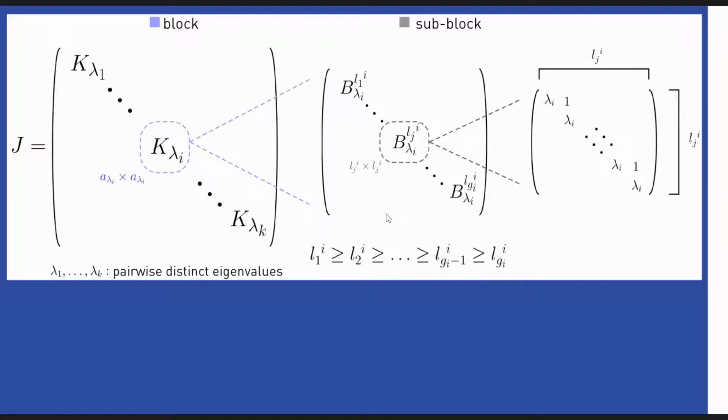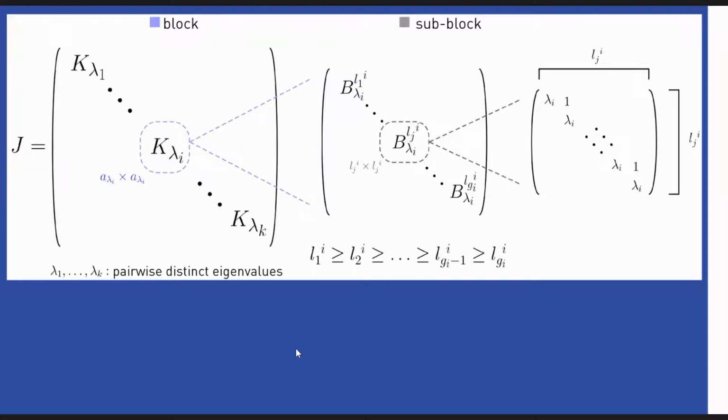Finally, we also know what these smaller blocks have to look like. They have lambda_i on the main diagonal and 1 on this diagonal here. All other entries that are left empty here are just equal to 0.